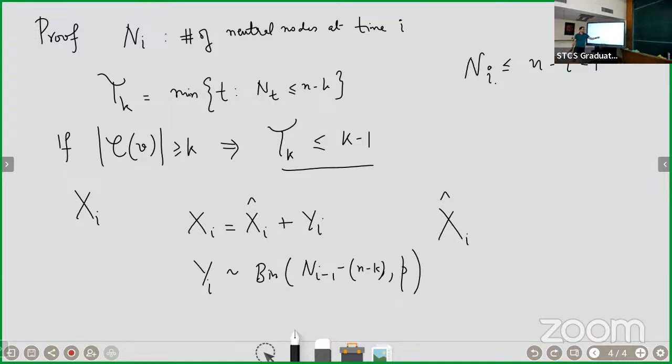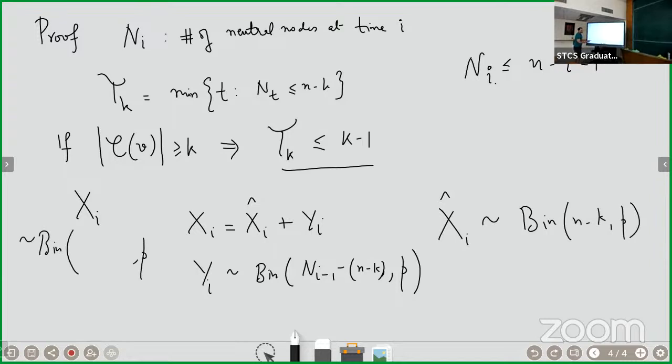Now if I add these two, what happens? Xi hat has a distribution which is simply binomial of n minus k comma p. What is the distribution of xi? Binomial.